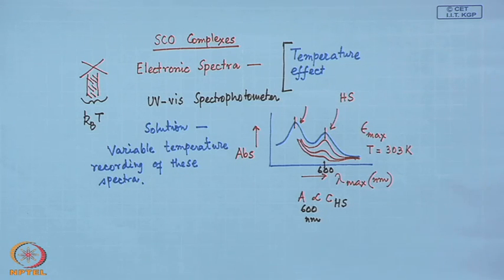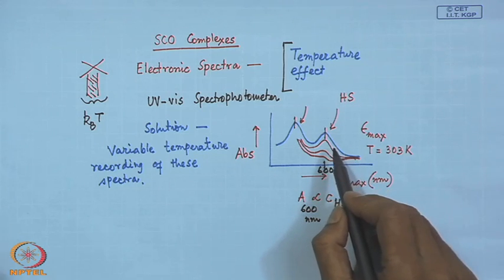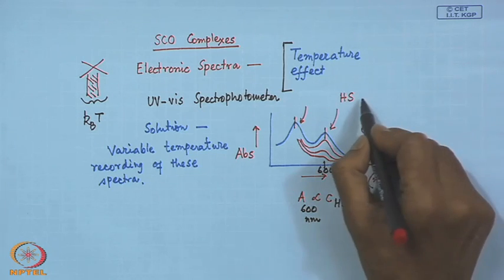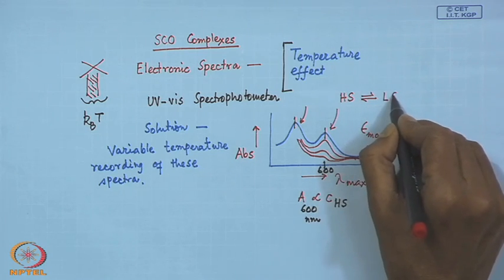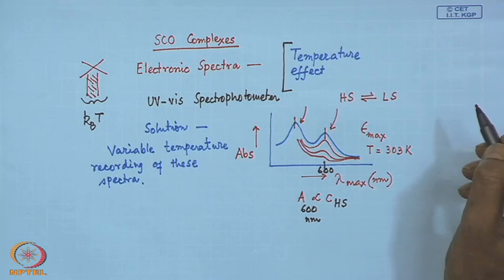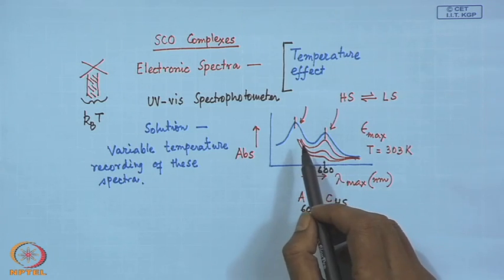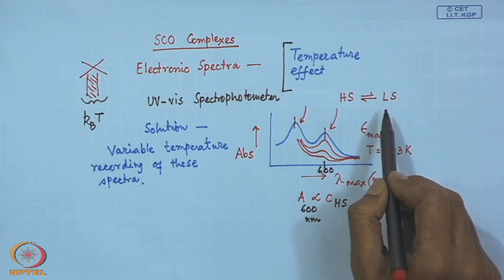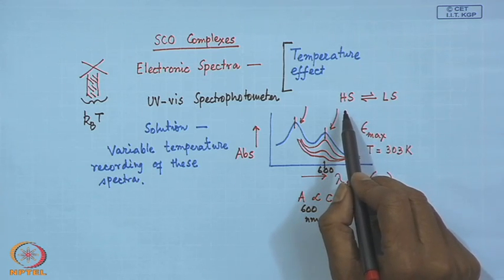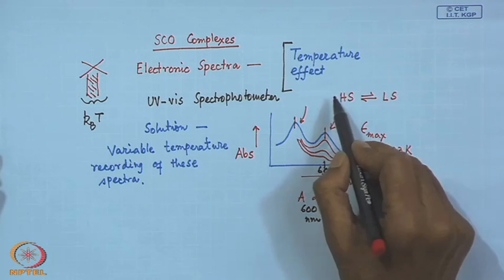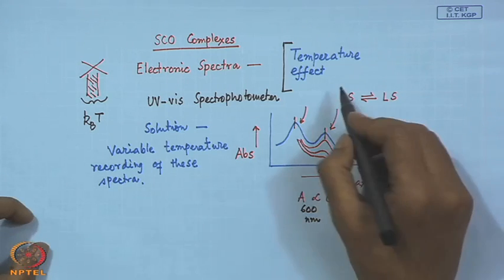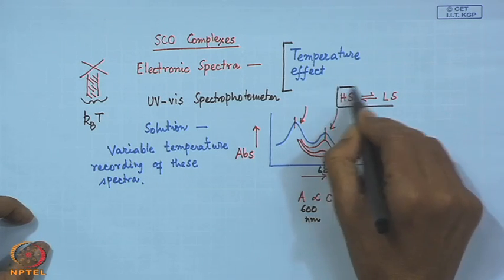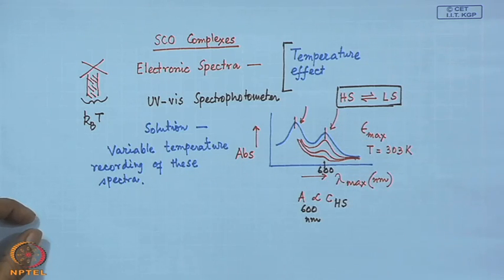When the concentration of high spin is decreasing, since these high spin molecules are in equilibrium with low spin, the low spin concentration is increasing at the expense of the decreasing concentration of high spin, because the total concentration of these two spin states is constant at any particular time.